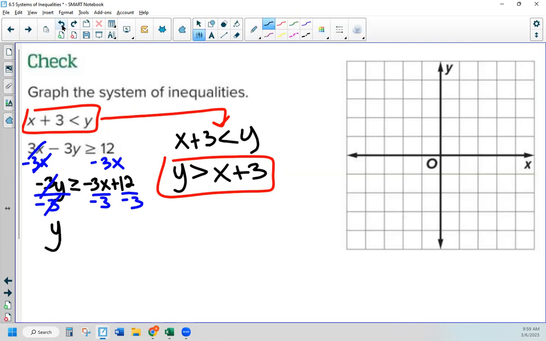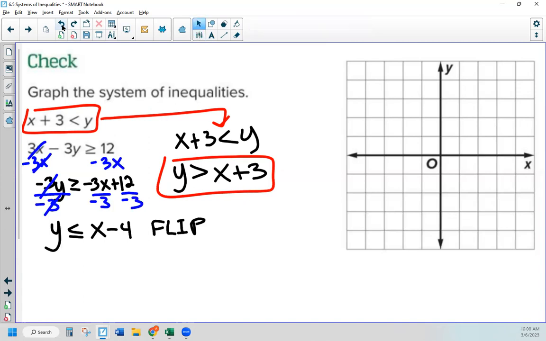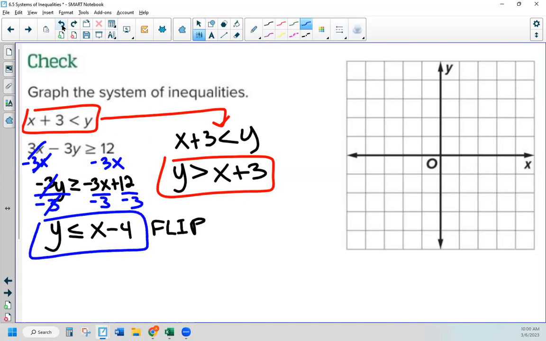You cannot do something to one side without doing the same thing to the other side. Here we flip. Be careful. We must flip because we're dividing by that -3. A -3 divided by -3 is positive, it's a +1, so it's a 1x, or just x. And then positive divided by negative is negative: 12 divided by -3 is -4. So here is the blue one for us.